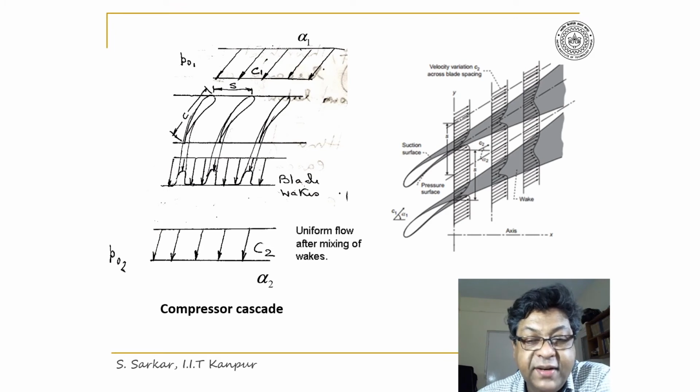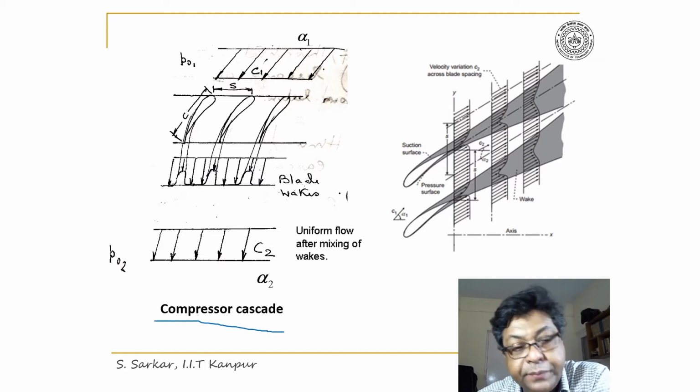What I have stated earlier, I have explained through a schematic of compressor cascades. So I have indicated the flow passing through a compressor cascade, and this is the axial direction.